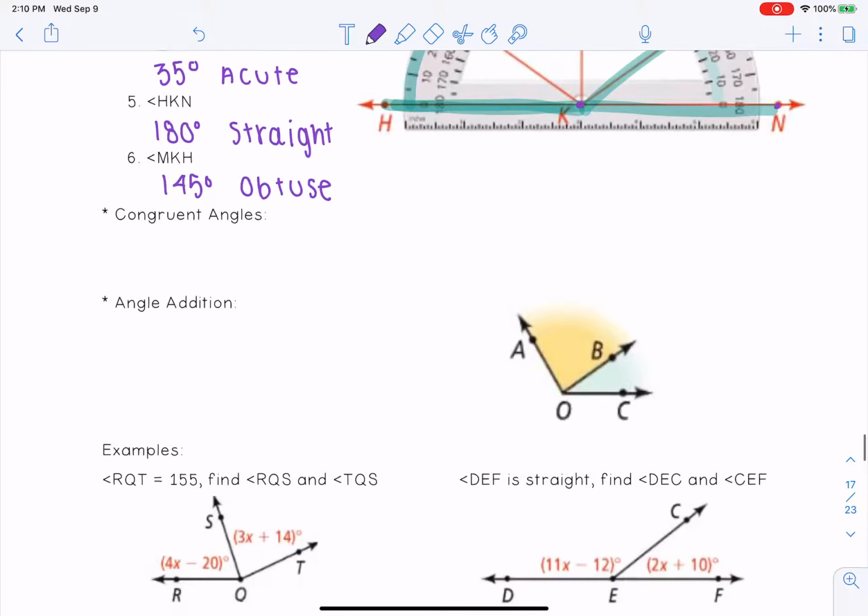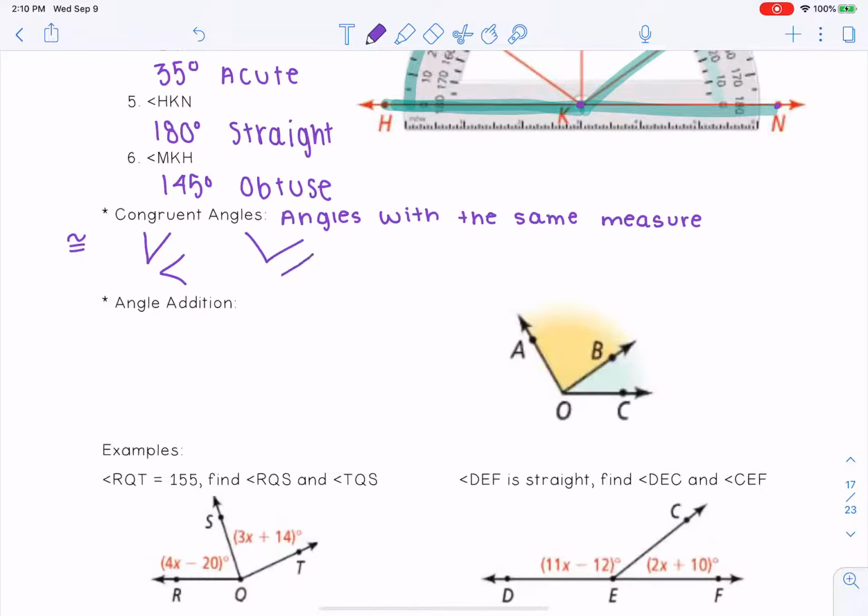Now, congruent angles are kind of like congruent segments, but now they're angles with the same measure. So we're going to use that same congruent symbol, but we have a few ways to draw them. So these two angles could be congruent, and then these two angles are congruent.